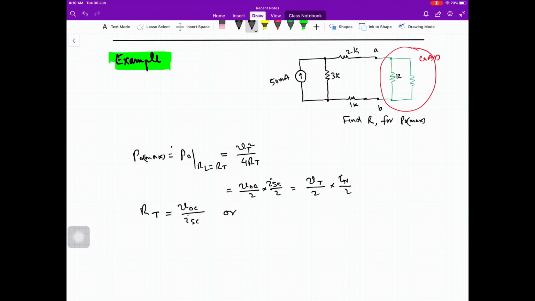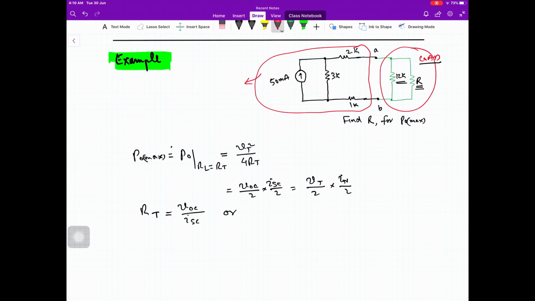Say this resistance is 12K, fixed, and this resistance R can be varied. We will see what is the value of this R for which the maximum power will be delivered to the load. So for this, we first find the Thevenin equivalent of the source over here.